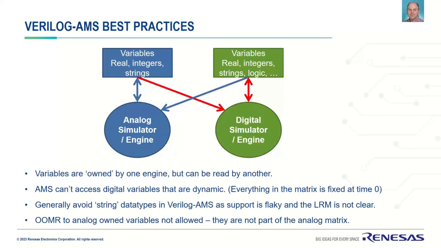You can use string data types, but try and avoid them in the analog domain. They're problematic, is the phrase. Whatever tool you go to seems to have issues with them. They weren't well defined. Out of module references to analog owned variables are not allowed. So this actually protects a lot of the analog stuff and makes it more robust.